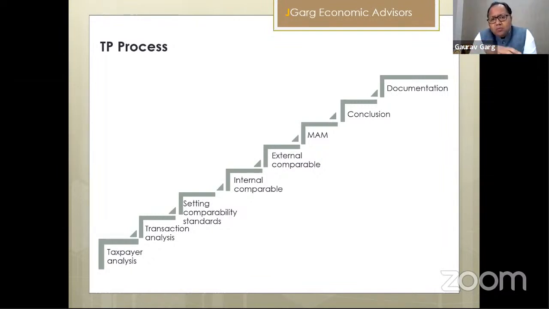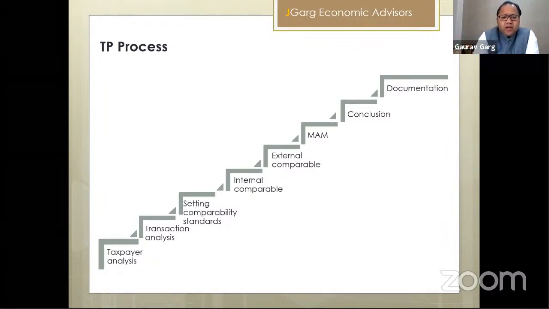And also, it's a comparison with the industry. So let's say you belong to a particular industry: how is that industry operating, what are the key characteristics of that industry, what happened during the year. So what should be the profitability of your client, depending upon the industry analysis you're doing. From this, one gets a grip on the taxpayer.